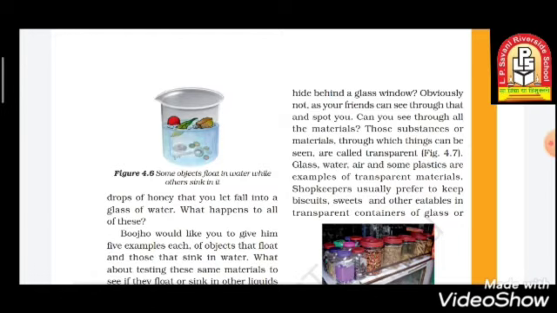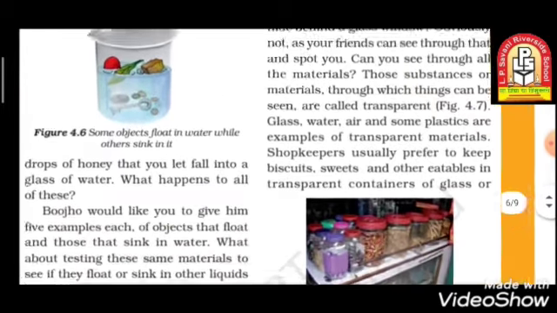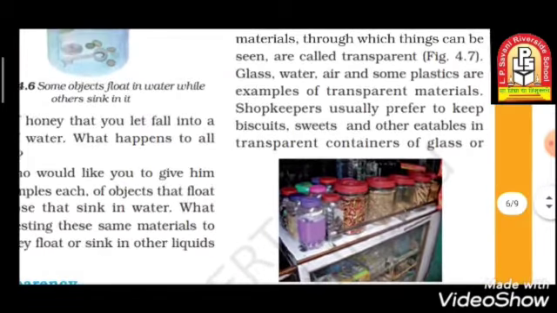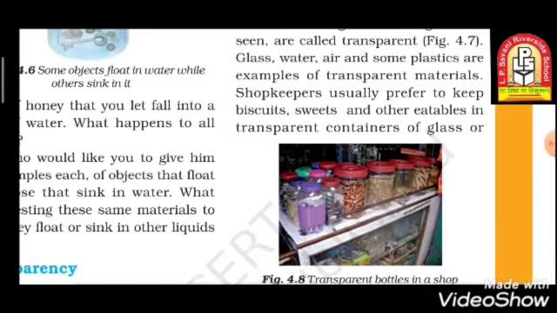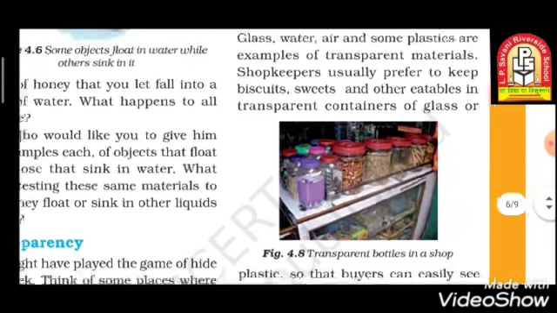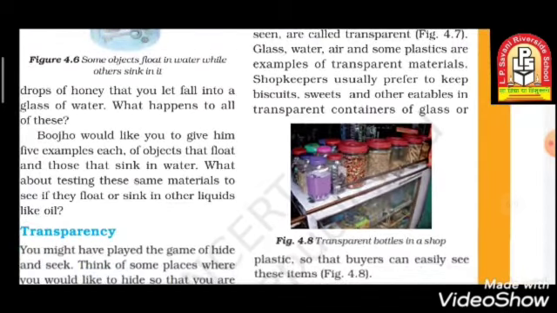In the same way, you must have observed many shopkeepers keeping transparent bottles so that the customers can easily see the biscuits, sweets, and chocolates inside the container. Why do they use these transparent containers? So that the customers can easily see what is inside.